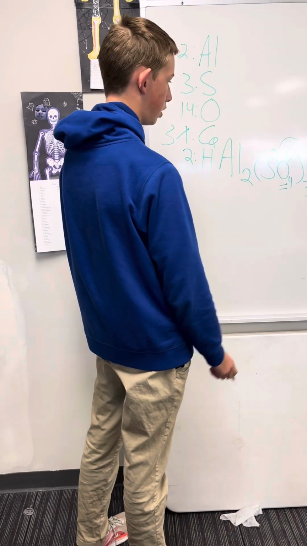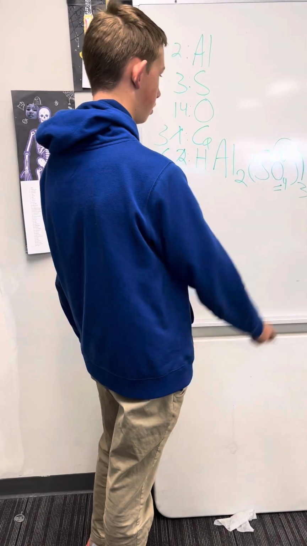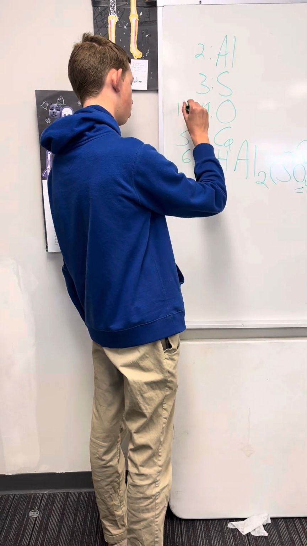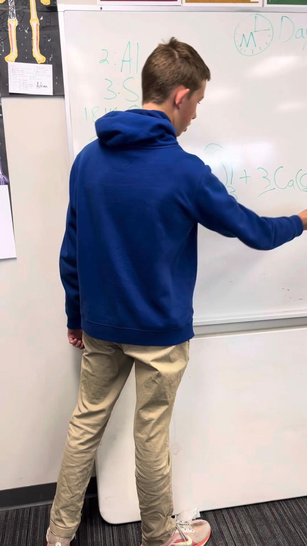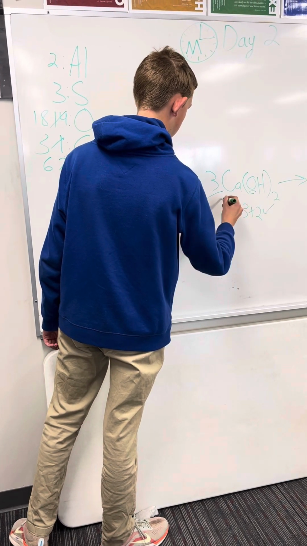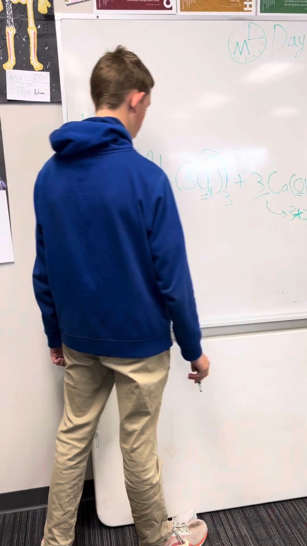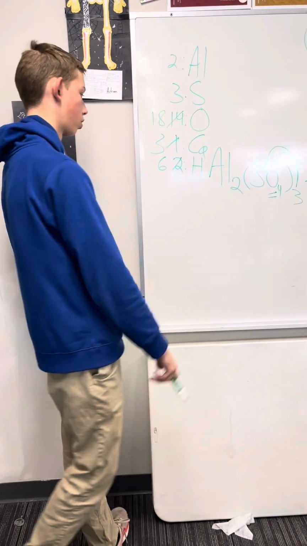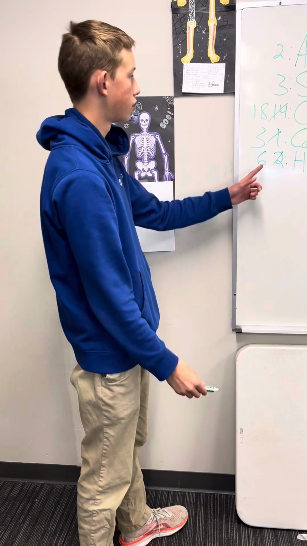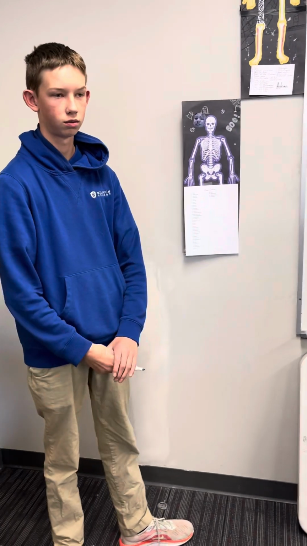So instead of 2, it's a 6 now. And 6 plus 12 is our 18 oxygen. We got the 6 from 3 times 2, and our 12 from 3 times 4. So now we have 18 oxygen, 3 calcium, and 6 hydrogen. Now it all matches. So that's the answer.